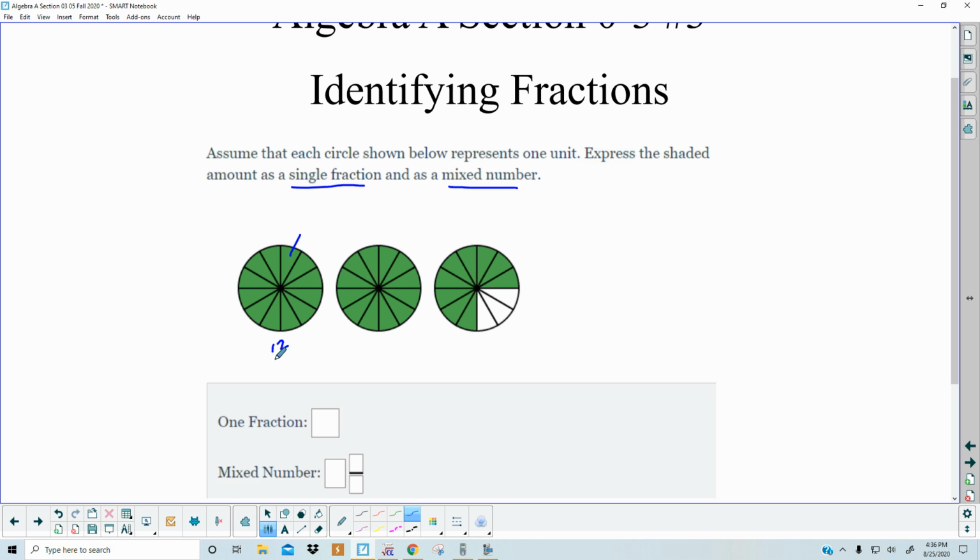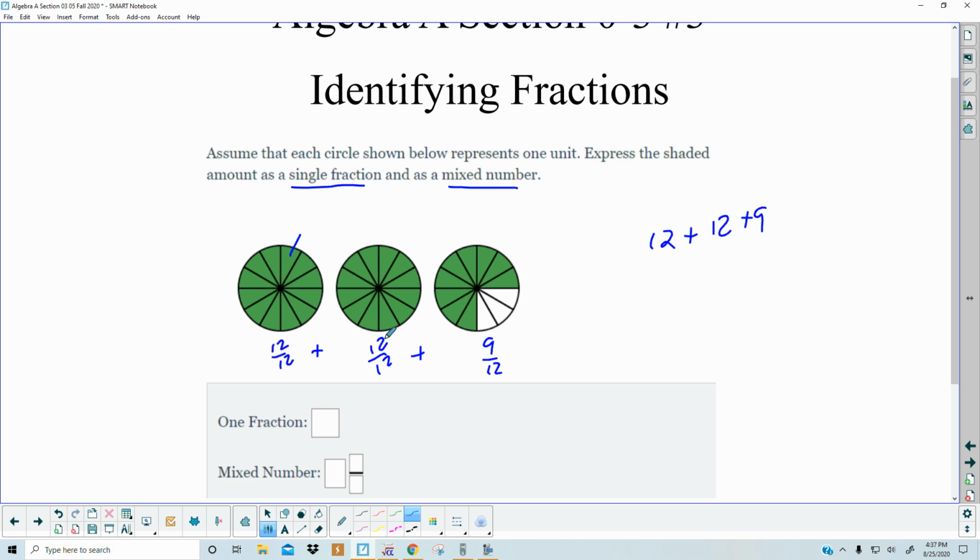So you have 12 out of 12 because all 12 are shaded. This is also going to be 12 out of 12 because they're all shaded. But this, I'm 3 short of having all 12, so this is 9 out of 12. And you're going to add these together. When you add fractions that have the same denominator, you just take care of business in the numerator.